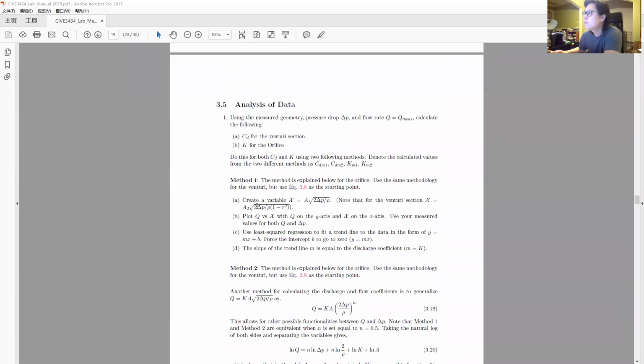So create a variable x and plot Q versus x. That's what I was talking about. You have a scatter plot: y-axis is Q, x-axis is your x.